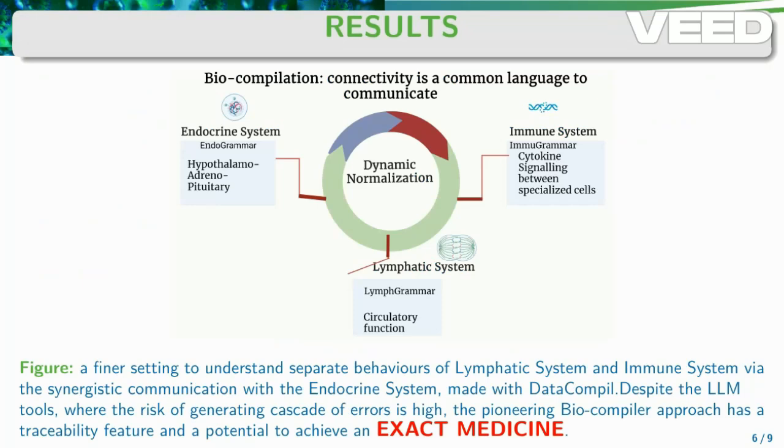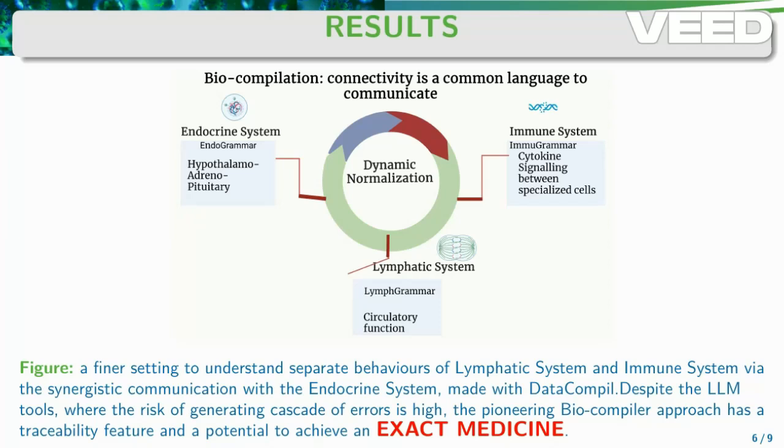Let's see a nice example. As I said, it's very important to choose something in biology which is very hard to describe. Here we notice that we have the lymphatic system and the immune system, which are so strongly bound that it's very difficult to express biological connectivity between them.